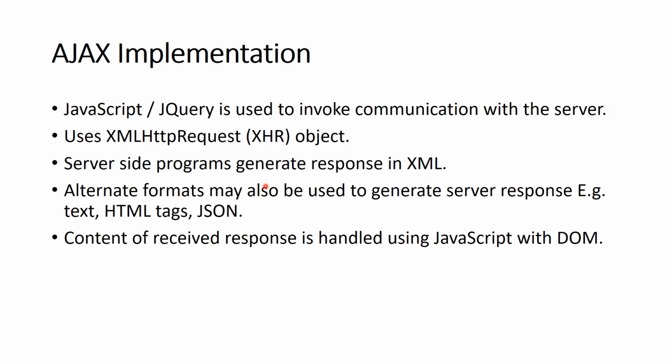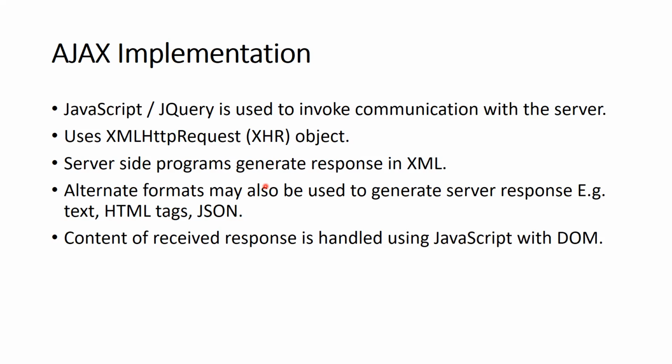Server-side programs generate responses in XML. So the servers generally give the data in a tabular format, XML. When you look at tabular format, databases generally are in a tabular format, or in other words, the relational model. Alternate formats may also be used to generate the server response. For example, you have text, HTML tags, and JSON.